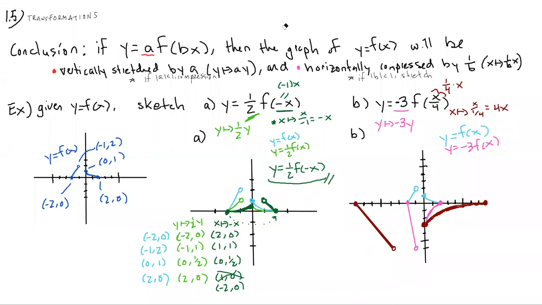And so yeah, that burgundy one is my finished product. So y equals the whole thing, negative 3 f of x over 4, like this.